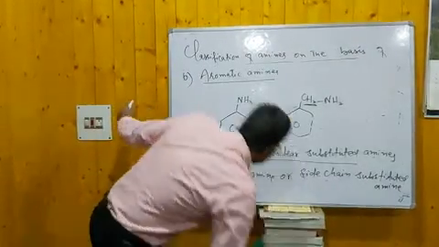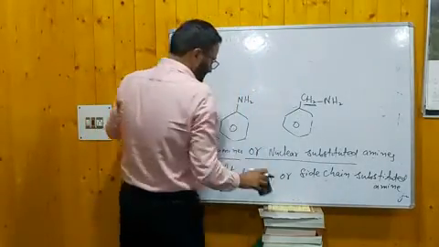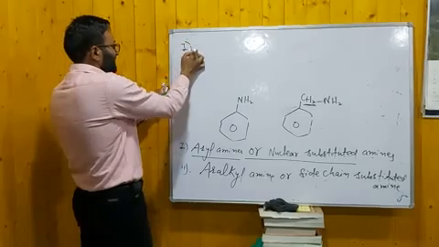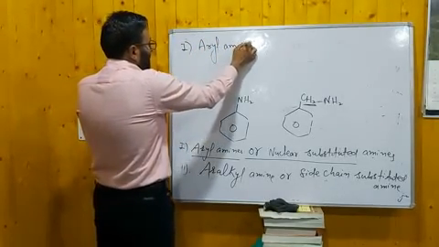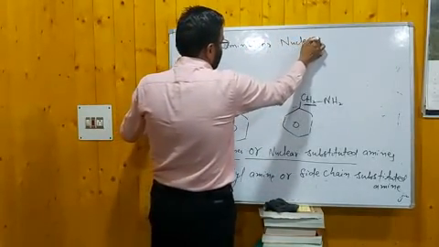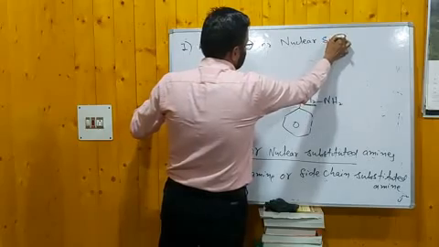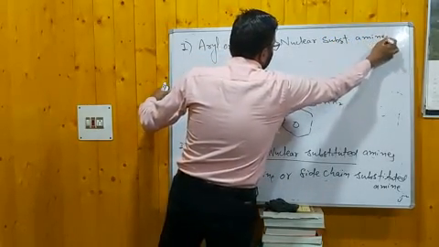To make it clear, remember the first type, that is aryl amines. It is also known as nuclear substituted amines. How will you define this type?